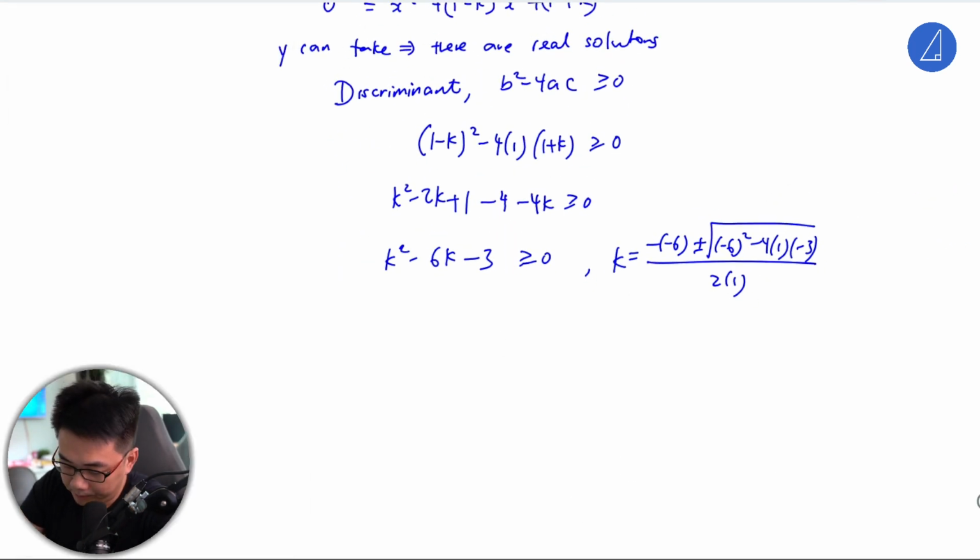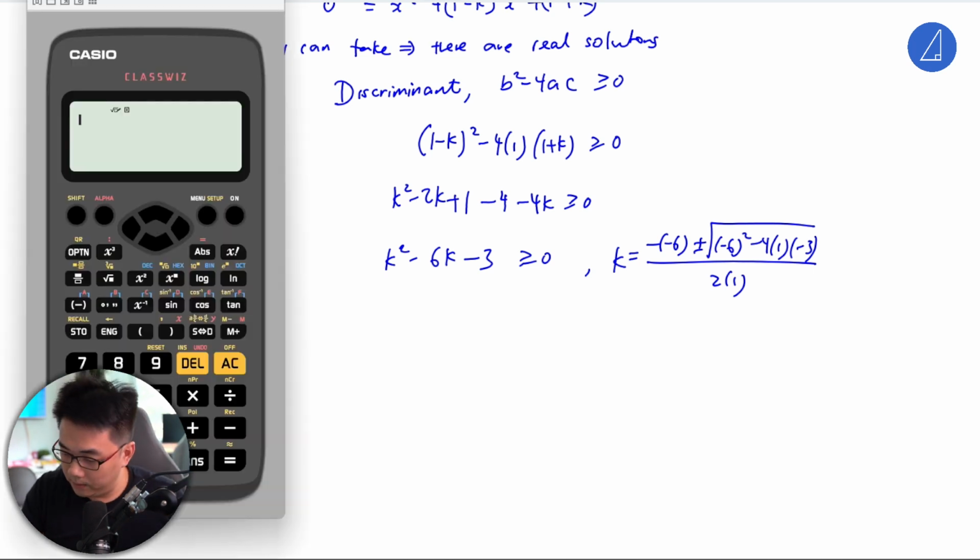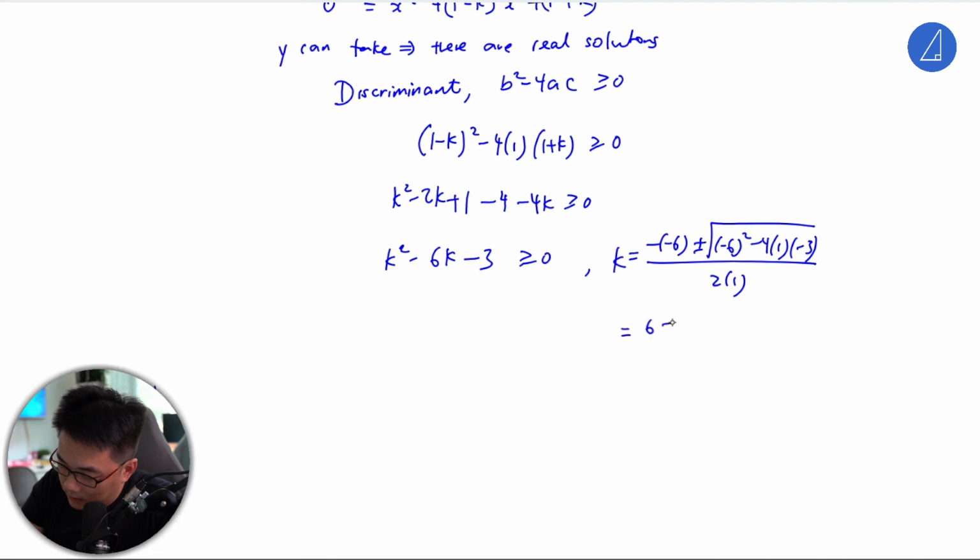6 squared plus 12 will be 48. So there will be 6 plus or minus root 48 over 2.